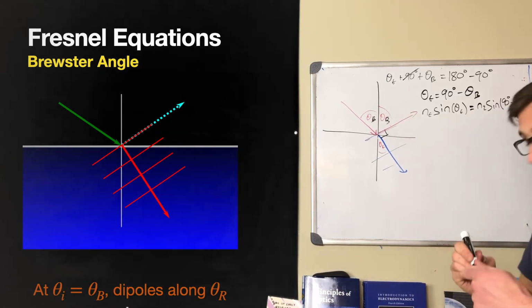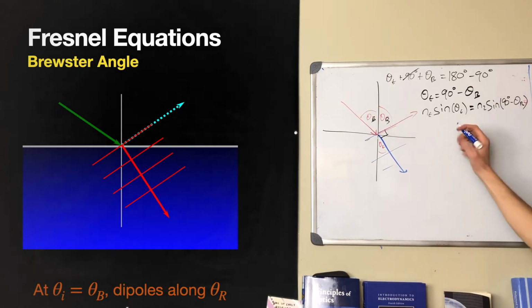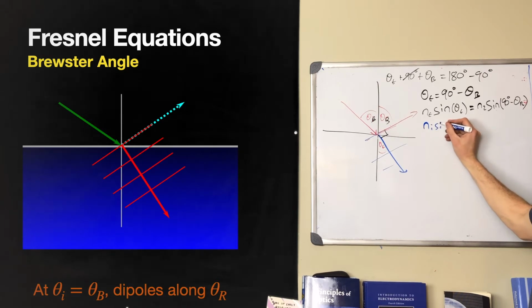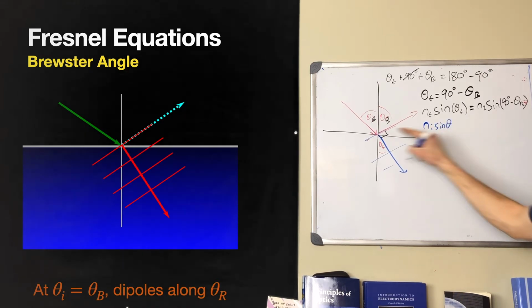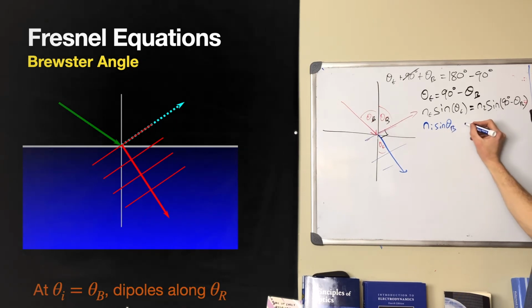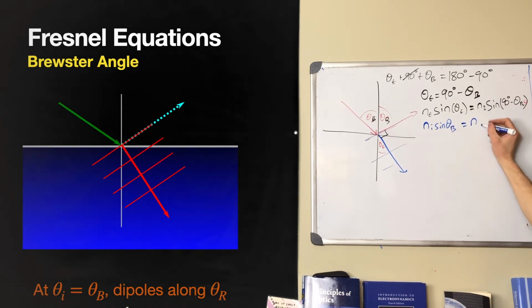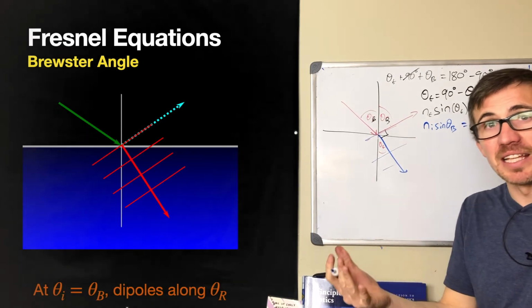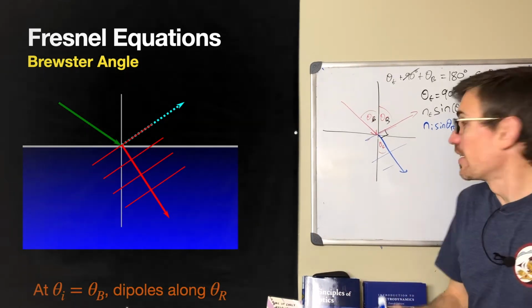But we know these terms from Snell's law. This is equal to n incident times sine of theta incident. And theta incident for this particular condition is theta Brewster, so it is equal to n transmitted times sine of 90 minus theta Brewster. What's sine of 90 minus theta? It's cos of theta.